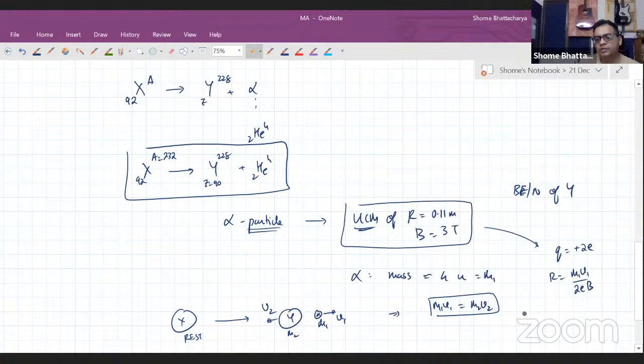The momentum of the particle will become 2EB multiplied by the radius, so that is 3 Tesla multiplied by 0.11. This will be the momentum of each of these.